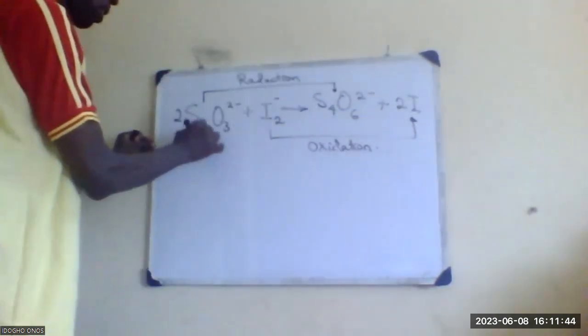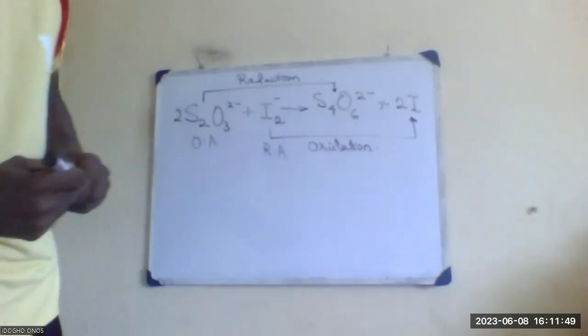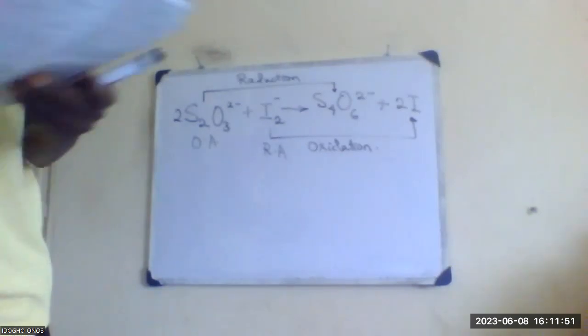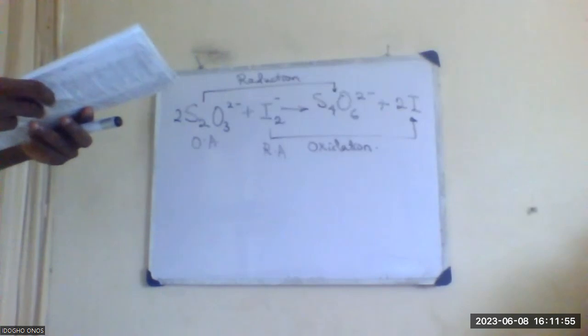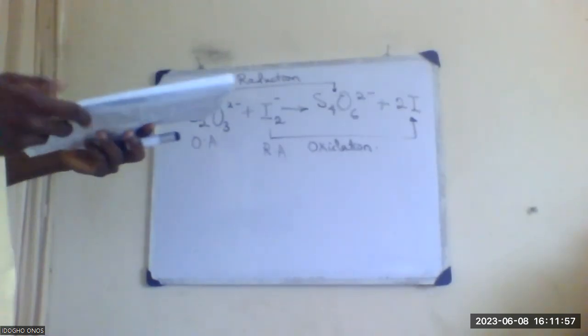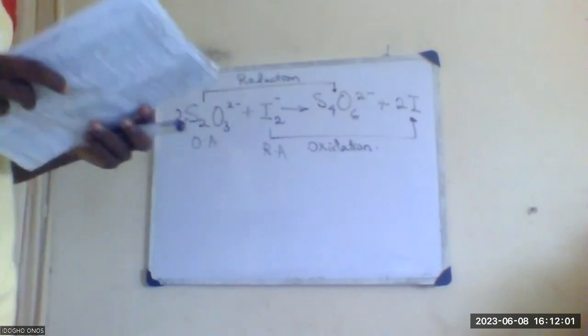So this is my RA, and this is my OA. So the question was, in the reaction above, what is the oxidizing agent? The answer should be I2, iodine.